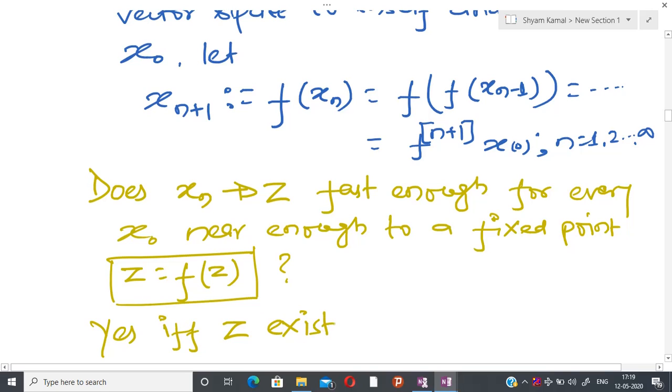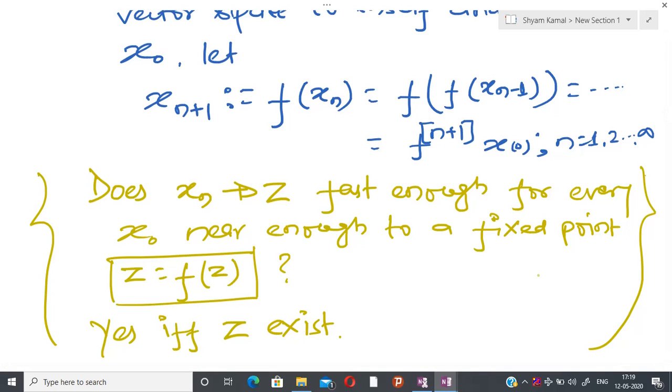So now we have to talk about the limit, because we are telling that after the large time instant, whatever iteration we are making, that is going to converge to some value or not. So automatically, if we talk about the convergence of sequence, then concept of limit comes into picture.